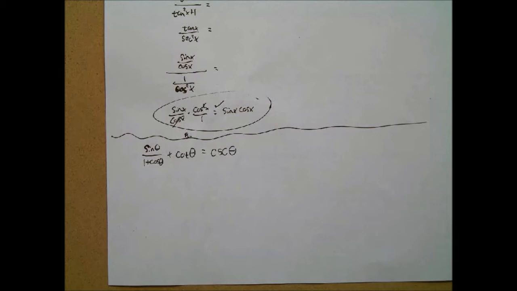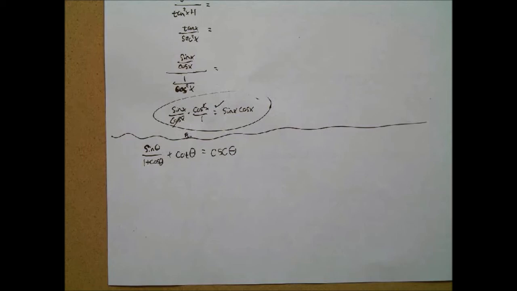So cosine times sine plus cosine will distribute, leaving you with cosine squared plus cosine. Right, so distribute that, you get cosine squared plus cosine. And so then you got your sine plus cosine. Sine plus cosine, that's 1. You got 1 plus cosine, which you cancel with that 1 plus cosine.